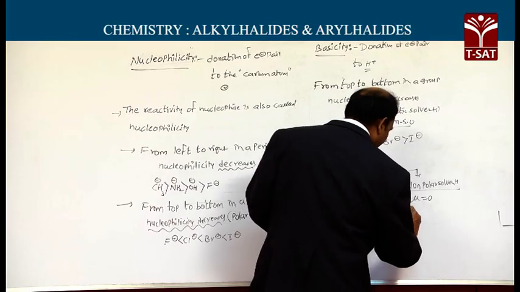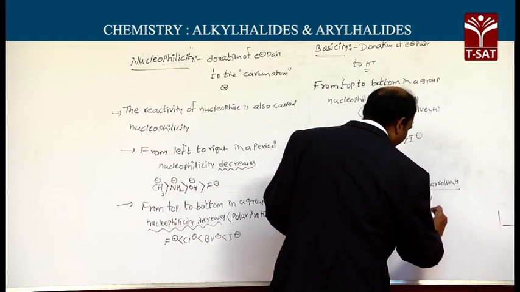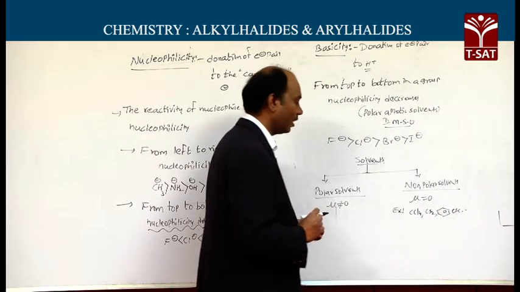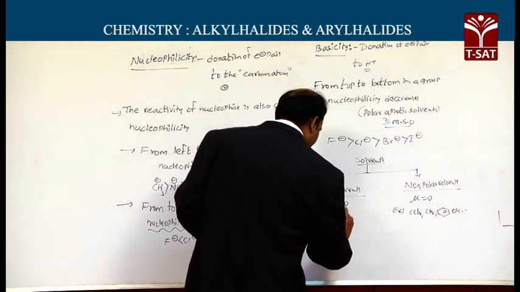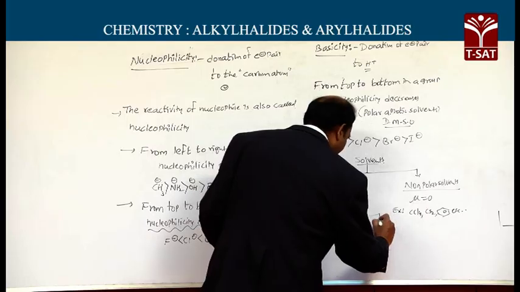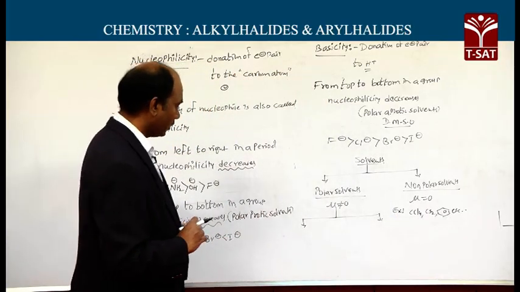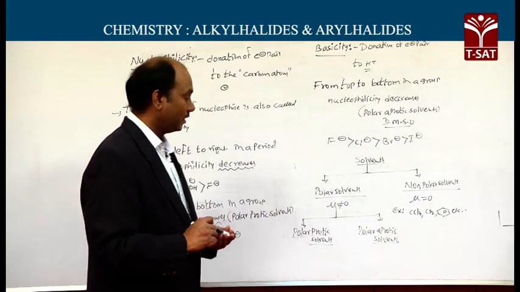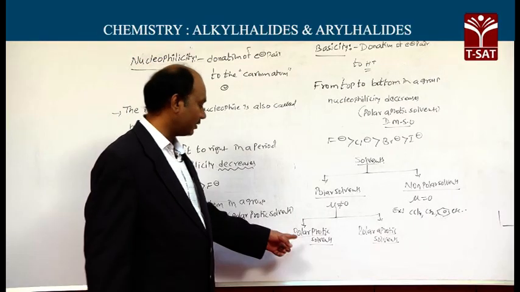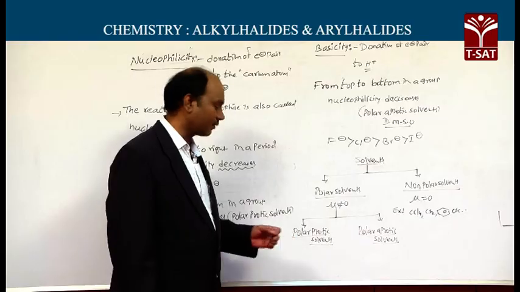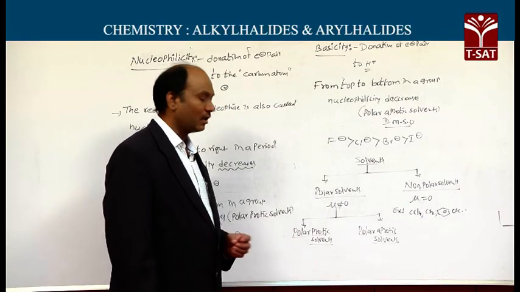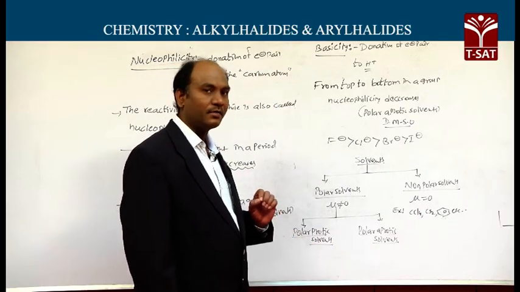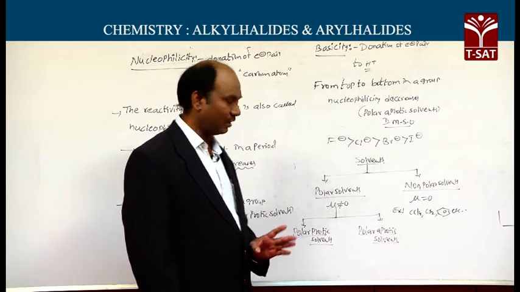Examples are CCl4, CS2, benzene, etc. These are non-polar solvents. Polar solvents are again classified into two types: polar protic solvents and polar aprotic solvents. A polar protic solvent gives protons, for example water, ethyl alcohol. Polar aprotic solvents have polarity, but they do not give H plus ion.